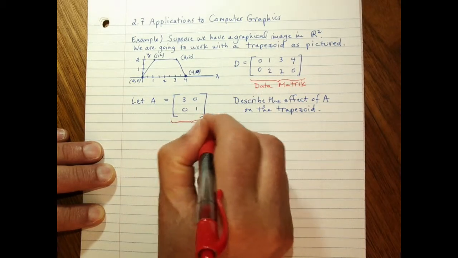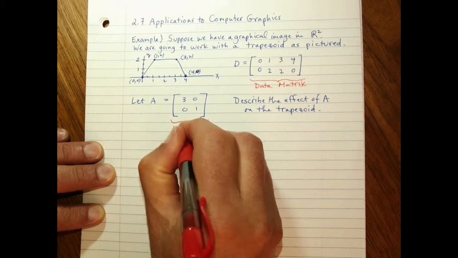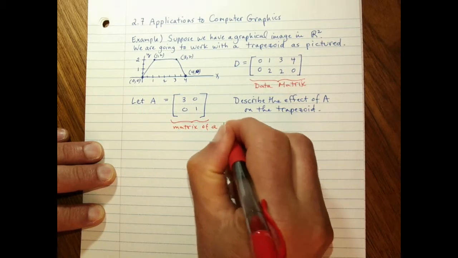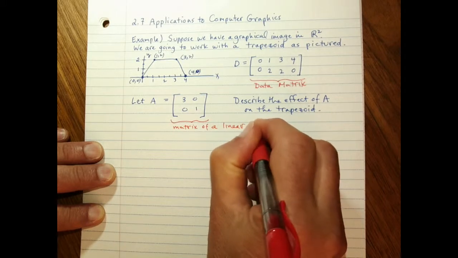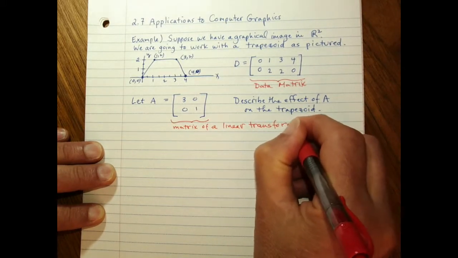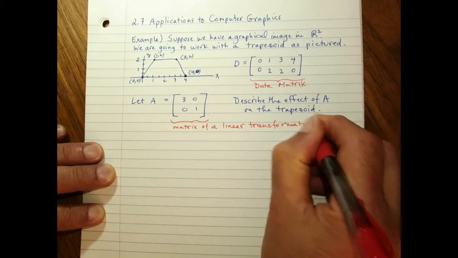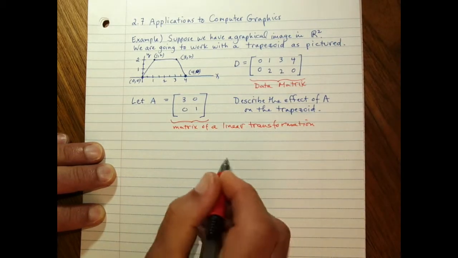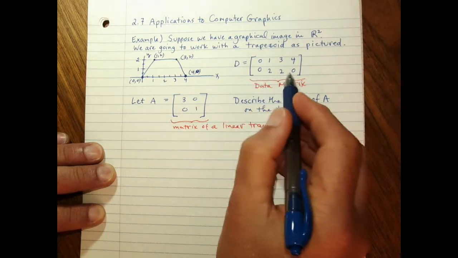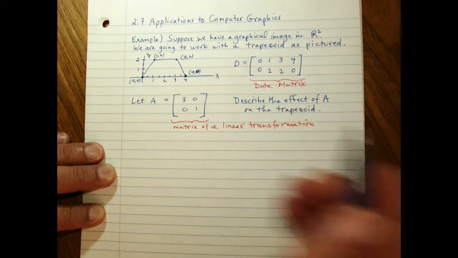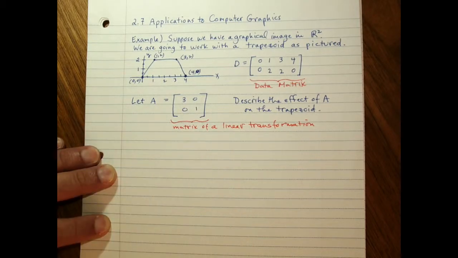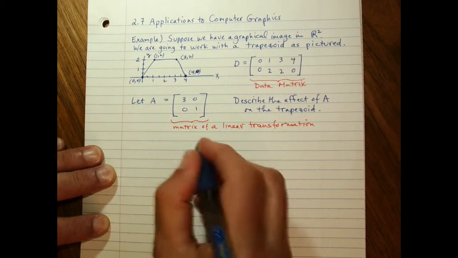A is a matrix of a linear transformation. So the roles of the two matrices are very different here. D just represents some information we have, some coordinates. A is a matrix that's actually going to do things, change things.